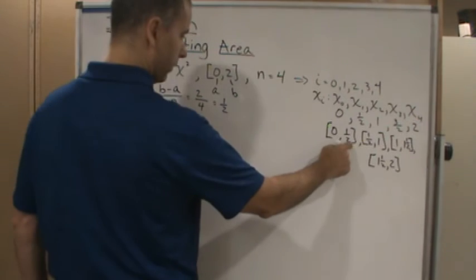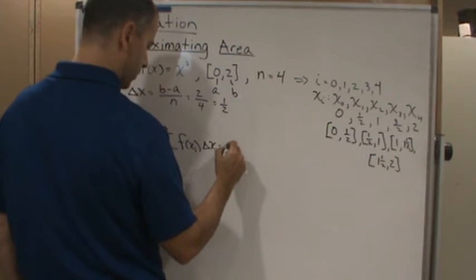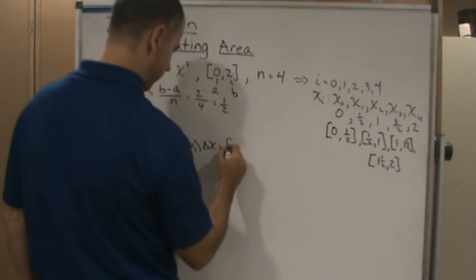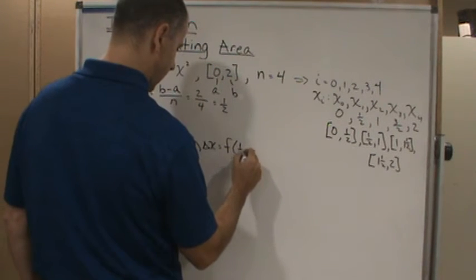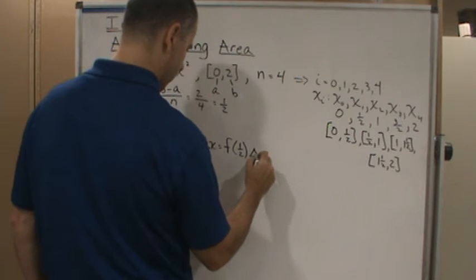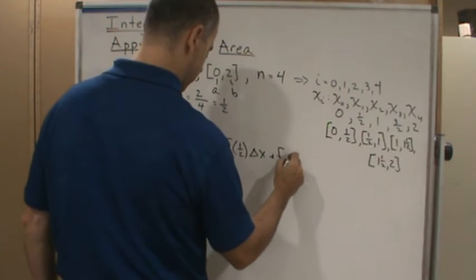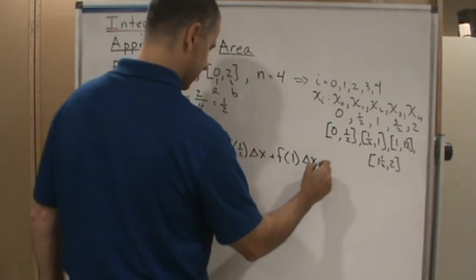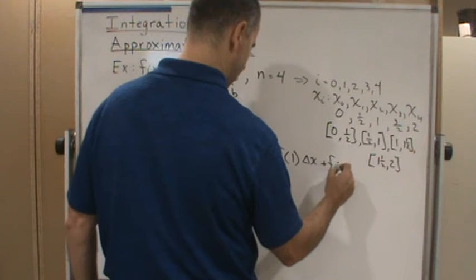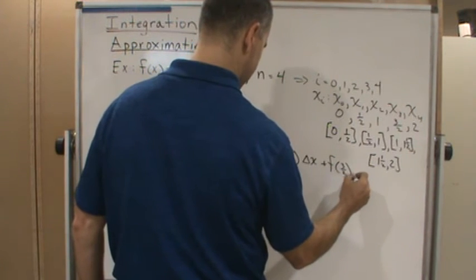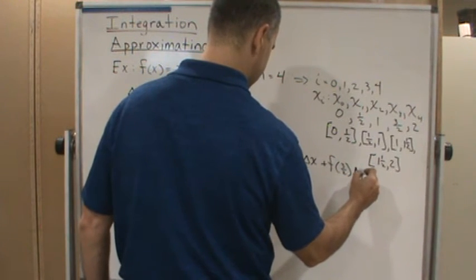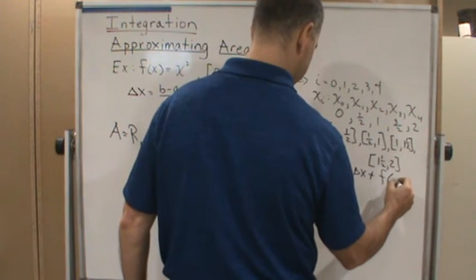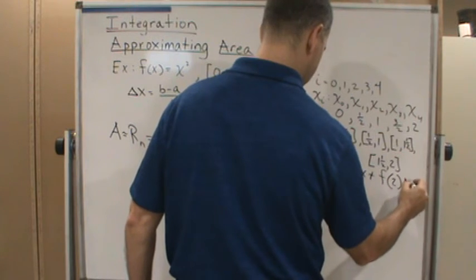So I'm going to start with 1/2: f of 1/2 times delta x plus f of 1 times delta x plus f of 3/2 times delta x plus f of 2 times delta x.